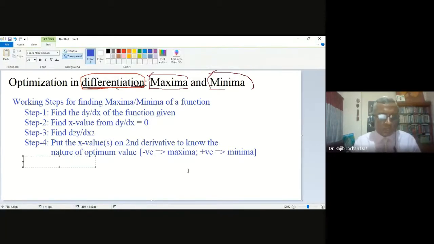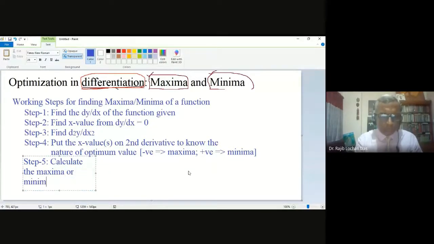So next step is step number 5. Step number 5 will be to calculate the maximum or minimum from the function given, with the corresponding x value.